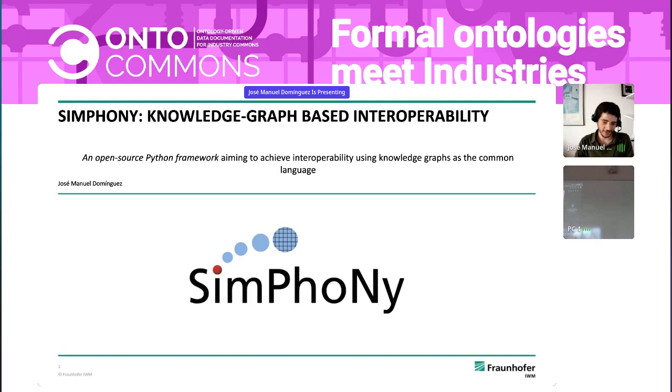My presentation is about a software product, actually, so eminently technical. It's called Symphony, which is a software that we developed at the Fraunhofer IWM. The aim of this software is to achieve interoperability between software products using knowledge graphs as a common language, essentially applying all this knowledge organized in ontologies.